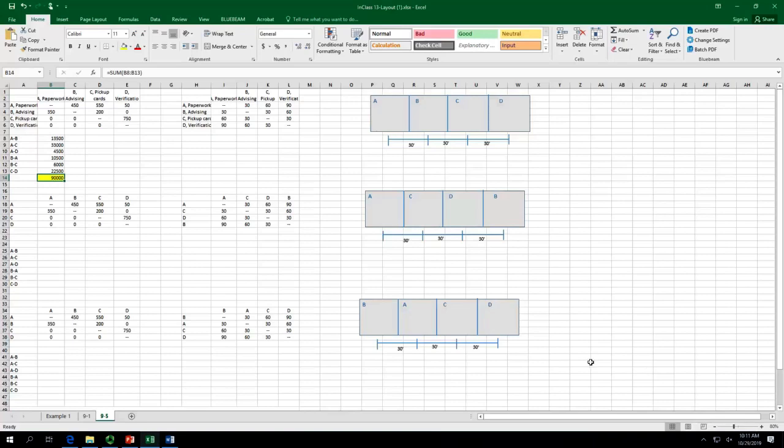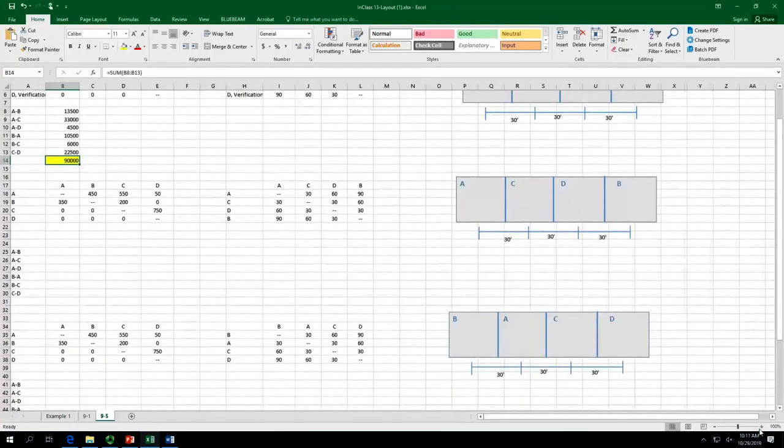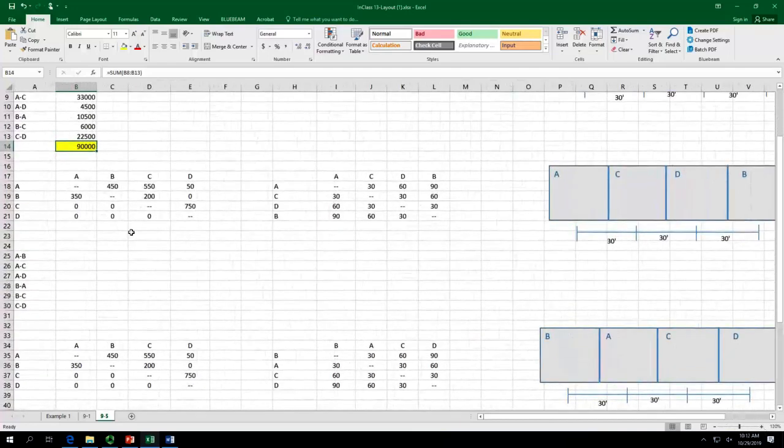They said you don't need to arrange all of the 24 permutations. You just think about ways to improve the original layout A, B, C, D. So in this case, I tried a couple of arrangements over here.